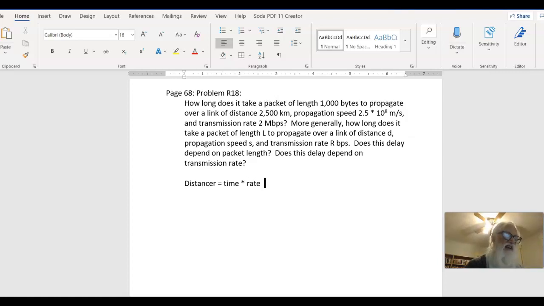So what we've got here is we're talking about a distance of, say, 2,500 times 10 cubed meters.